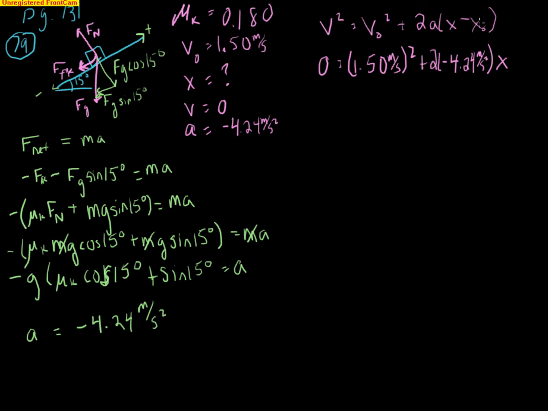So x naught is 0. We can just set the initial position as 0, so then we don't need to worry about that. So solving for x, that gives us x equals 0.265 meters. And that is the answer to the question.